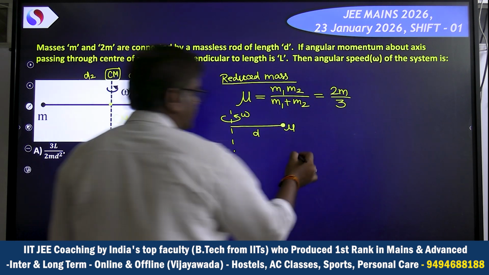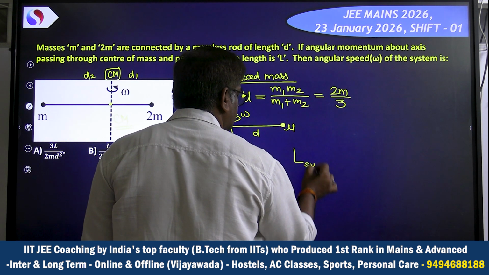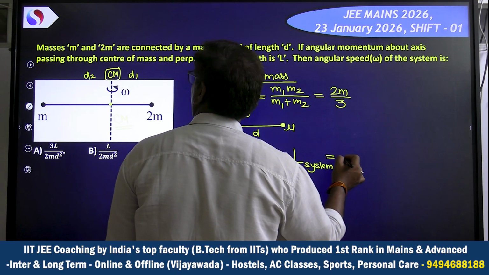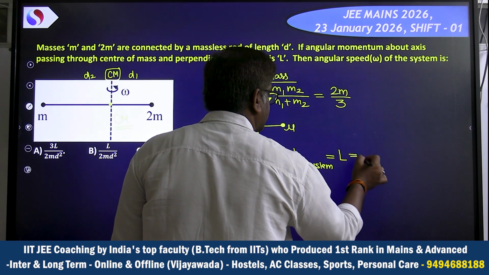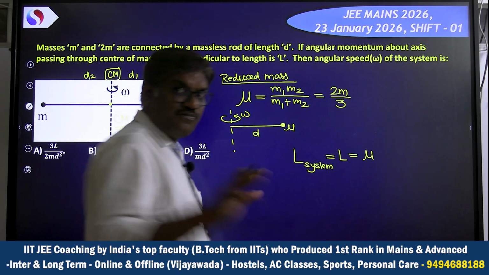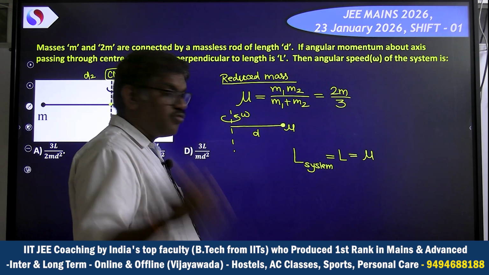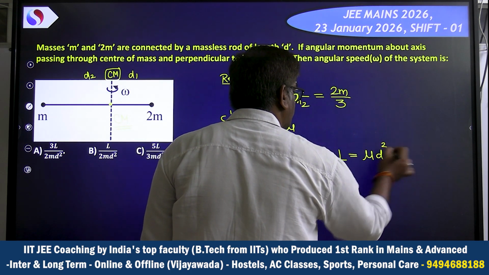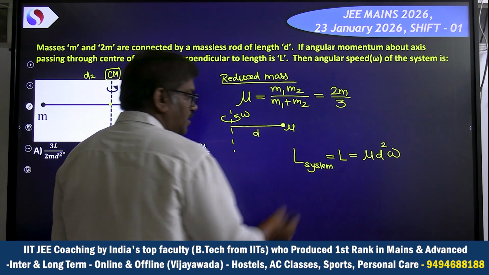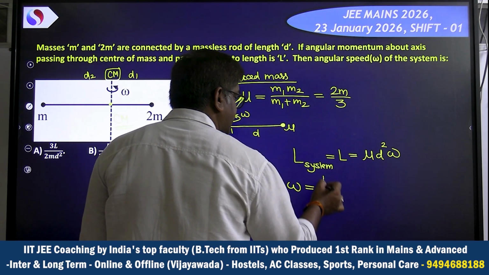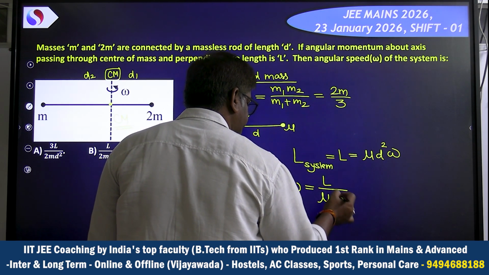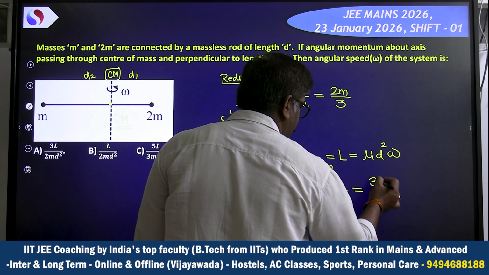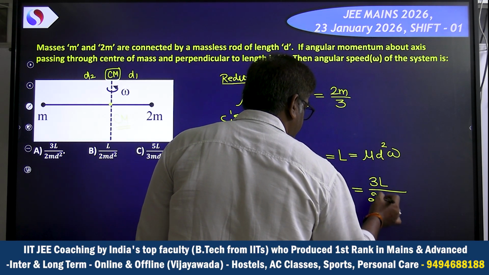So now directly we can write the angular momentum of the system, L, as mu into mvr, meaning mu d square omega. That means omega is L upon mu d square. Substitute the value of mu, which is 2m by 3, so it is 3L by 2m d square.